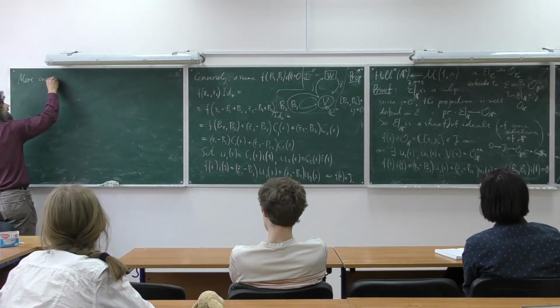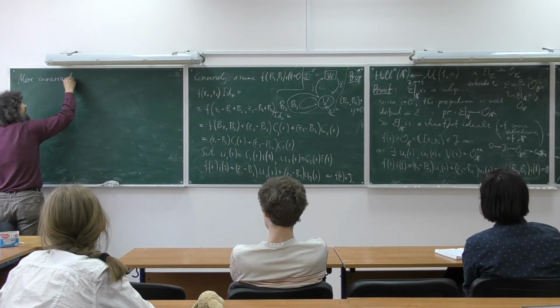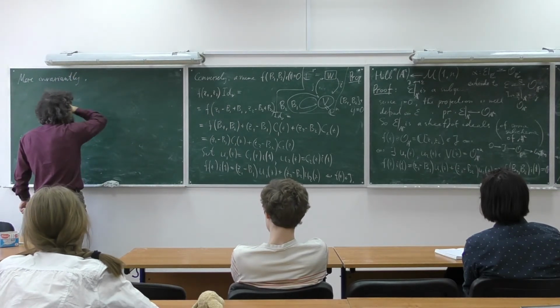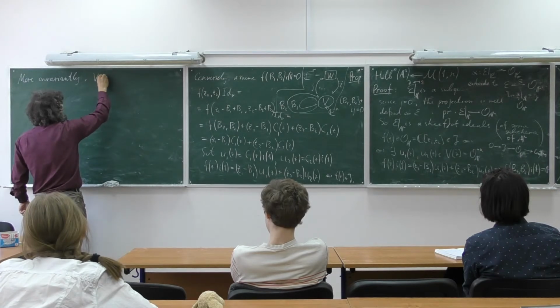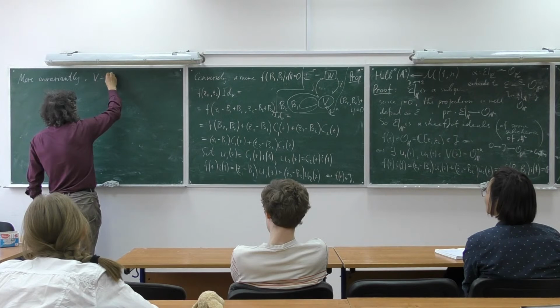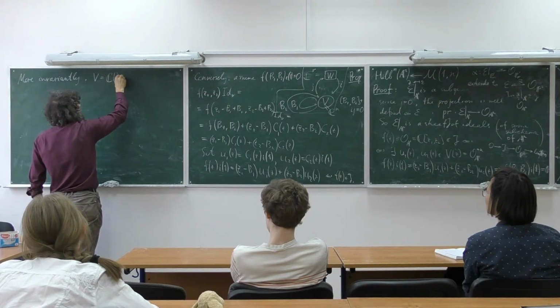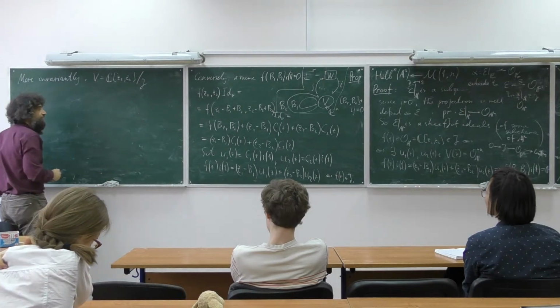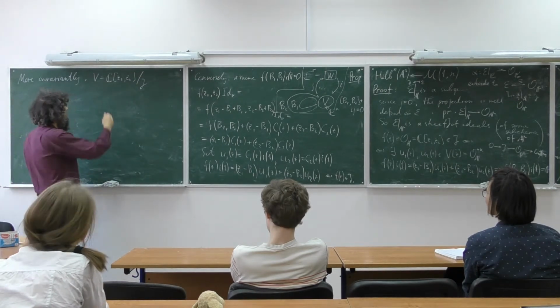Invariantly, V is nothing but this ring of polynomials modulo J. It is an n-dimensional space.